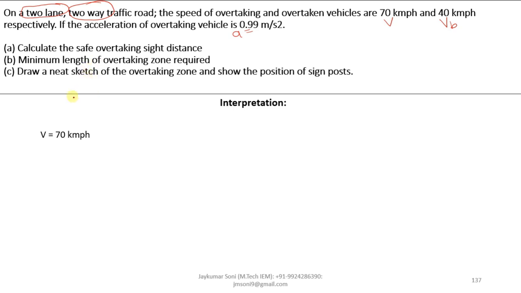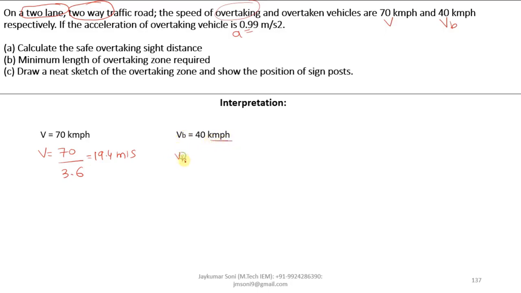V is equal to 70 kmph, meaning the overtaking speed of 70 kmph is given over here. We need to convert this into meter per second by dividing by 3.6, and we get 19.4 meter per second. Now this is the speed of the slow moving vehicle, also in kmph.